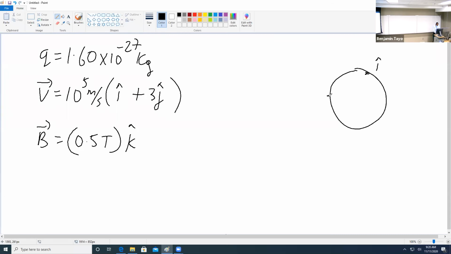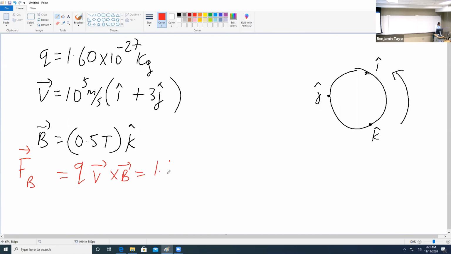So again, this is I, and this is J, and this is K, and we know that counterclockwise is positive. If you want to do this, you take I and K, and then J and K, right? So when I do this calculation, the magnetic force is going to be Q V cross B, which equals 1.60 times 10 to the negative 27.